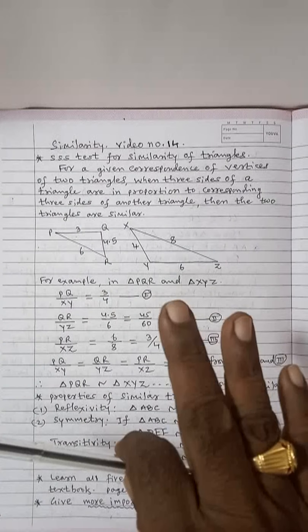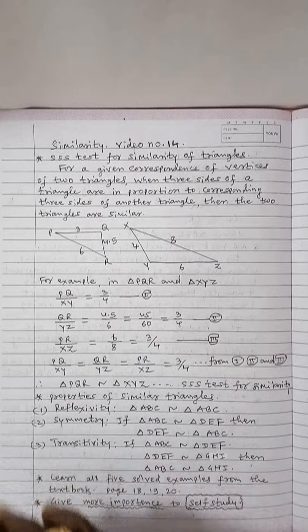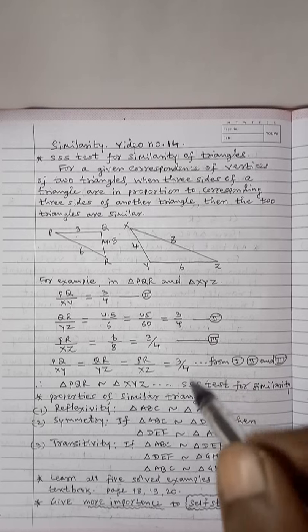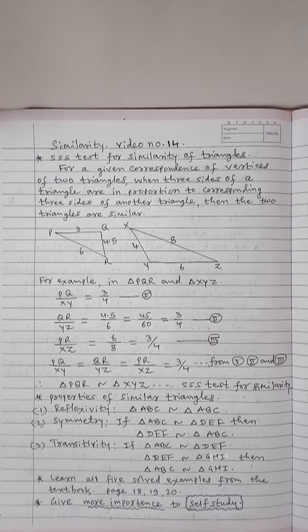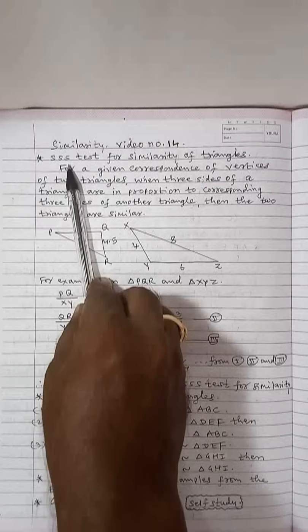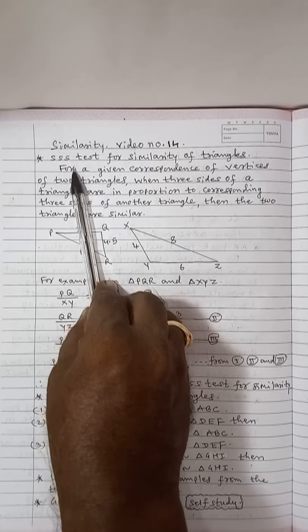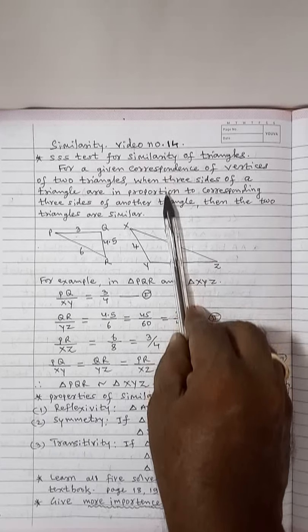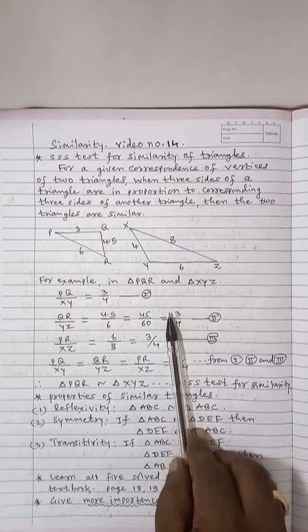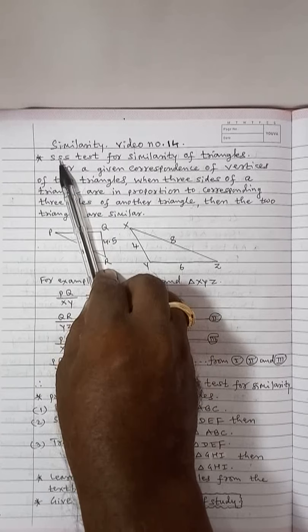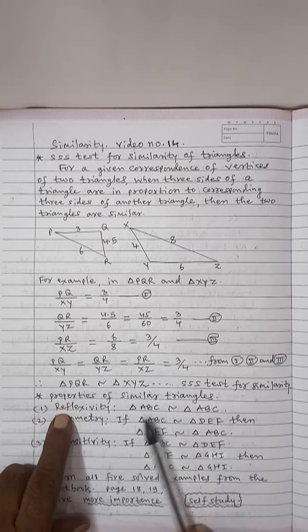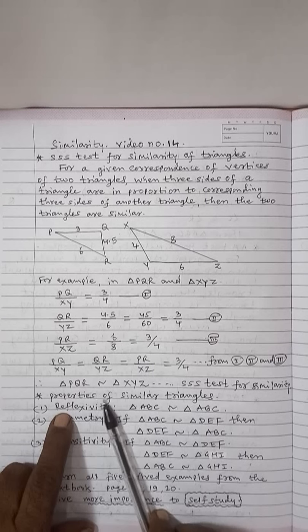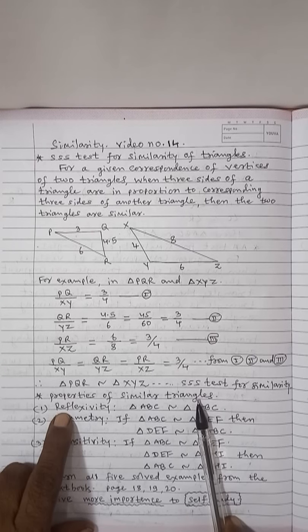So given two triangles, for the given correspondence, if the corresponding sides are in proportion, then the two triangles are similar by which test? Side test. So get it understood, the side test of similarity.